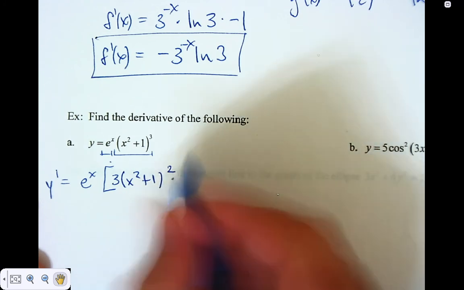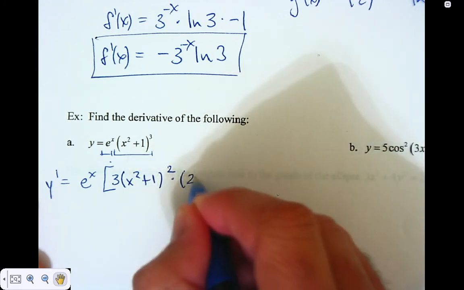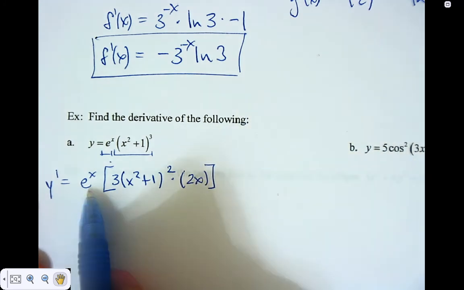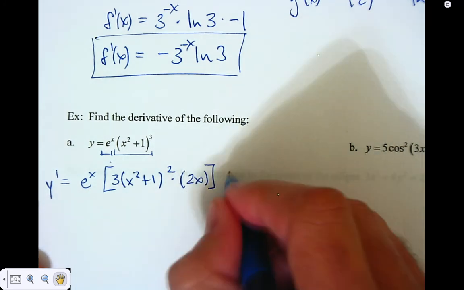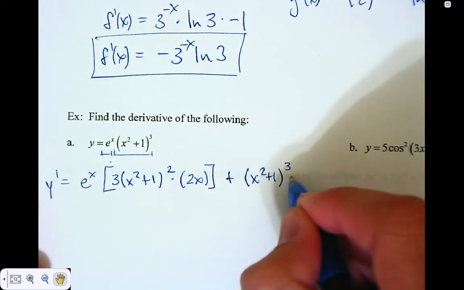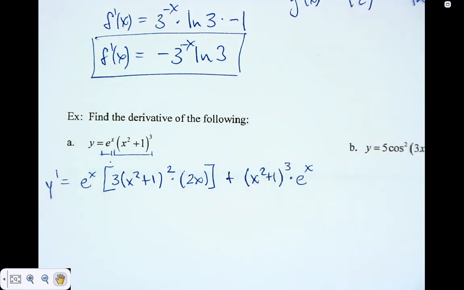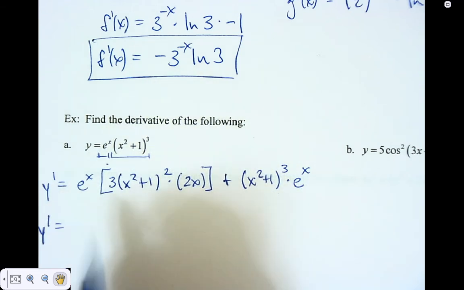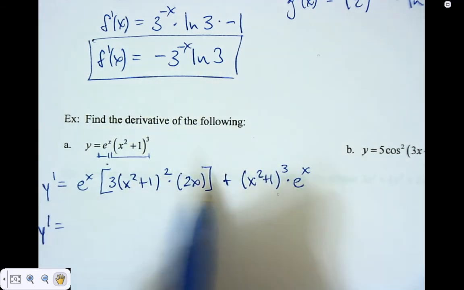Don't forget, times the derivative of the inside, which is 2x. Okay, product rule. First, derivative of second plus the second, which is x squared plus 1 cubed, times the derivative of the first, which is e to the x. Okay, when you get something like this, I encourage you guys to practice what's common in both terms, right?